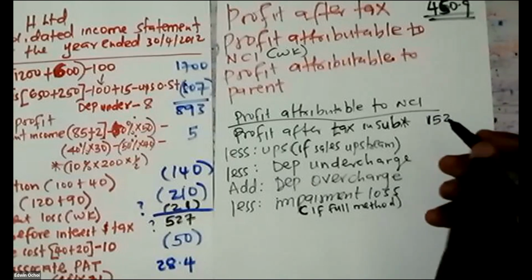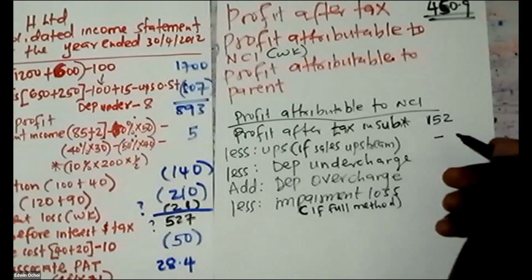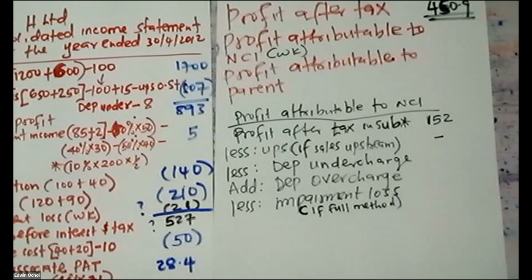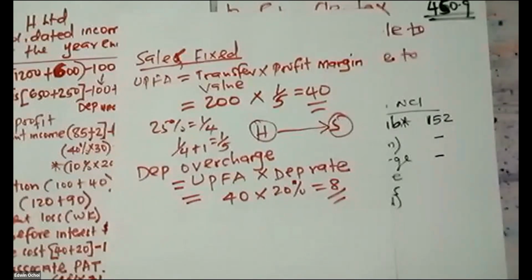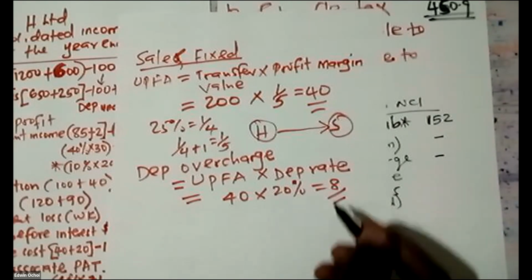Was the sales upstream? It was downstream because H is the one which sold goods to S. That one was a downstream. Was there depreciation undercharge? No, because there was no revaluation. What about overcharge? That one was present because there was this set of fixed assets. We got a depreciation overcharge of 8.